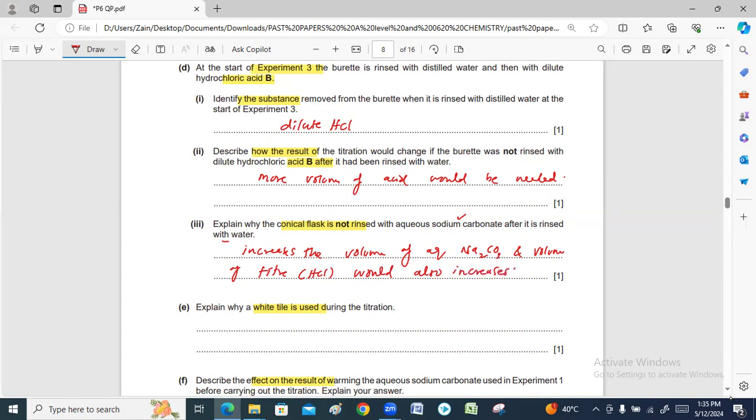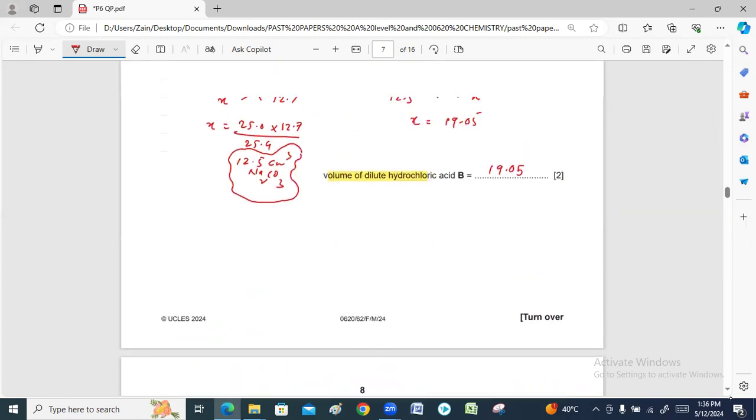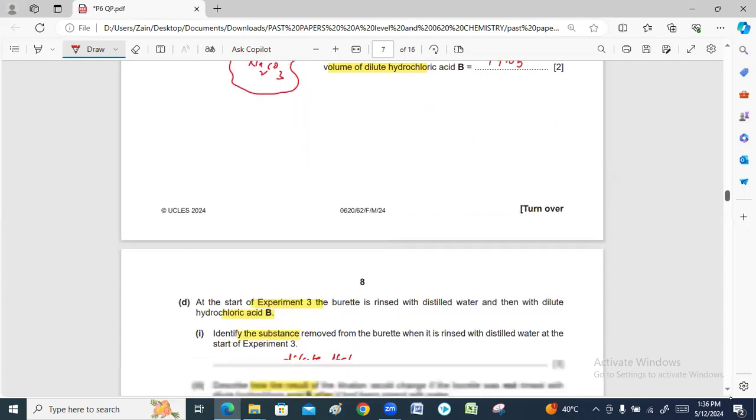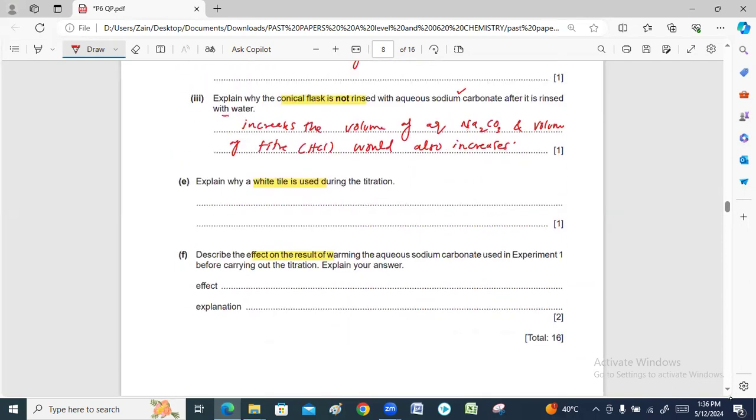Because instead of taking 25 centimeter cube of aqueous sodium carbonate, if we have 26 centimeter cube, definitely the volume will increase, because we have studied that for 25 centimeter cube aqueous solution of sodium carbonate, we require 25.4 in one experiment, and in experiment 2, 12.7, and in experiment 3, 19.05. So if we add some more sodium carbonate, the volume would increase.